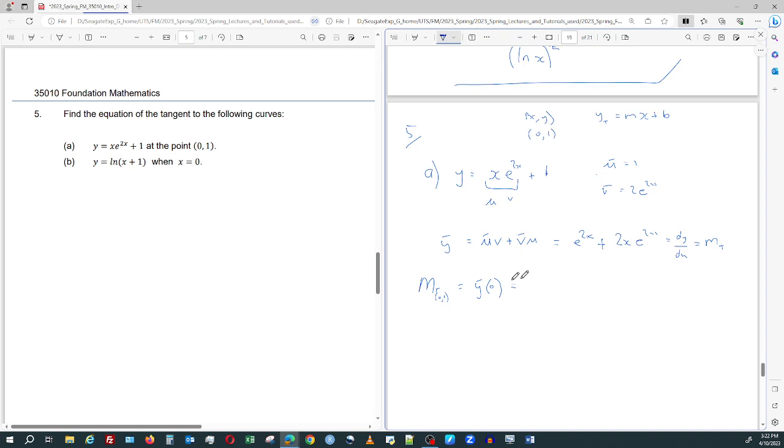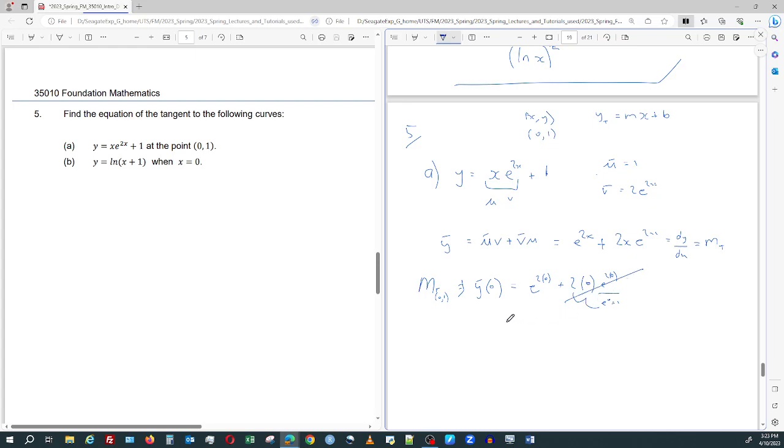We get e to the 2 times 0 plus 2 times 0 times e to the 2 times 0. e to the 0 is 1, but it doesn't matter because this multiplier here means that these all get zeroed out.